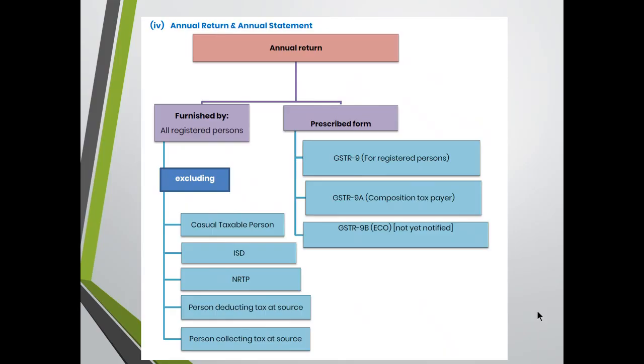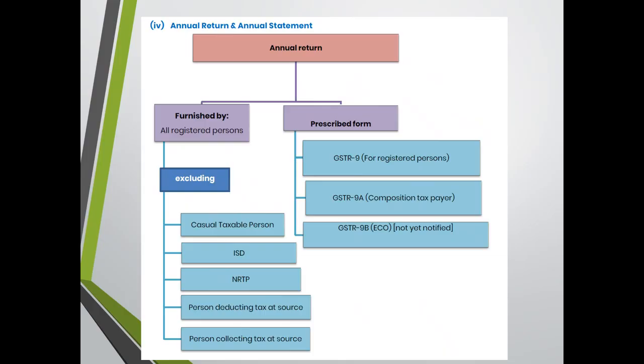So in short, above 2 crore only are you mandatorily required to submit. But even though your turnover is less than 2 crore, you can also file the return if you have some issues to be solved, some corrections to be made. Annual return is the final opportunity. Due date for filing the return is 31st of December. Before 31st of December, you would be required to submit this annual return in Form number 9.